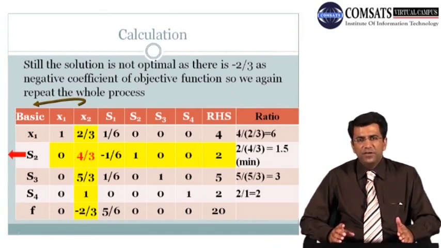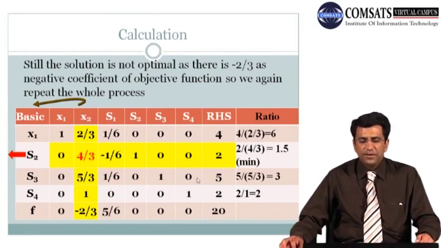We have identified the pivot row again in this particular table. Now we have to find out the pivot number. Now what is again the pivot number? That is the number at the intersection of the pivot row as well as the pivot column. In this particular case, that pivot number value is equal to 4/3.